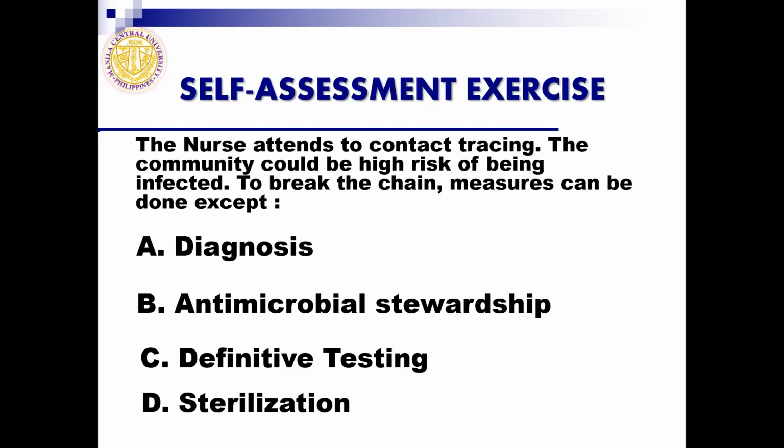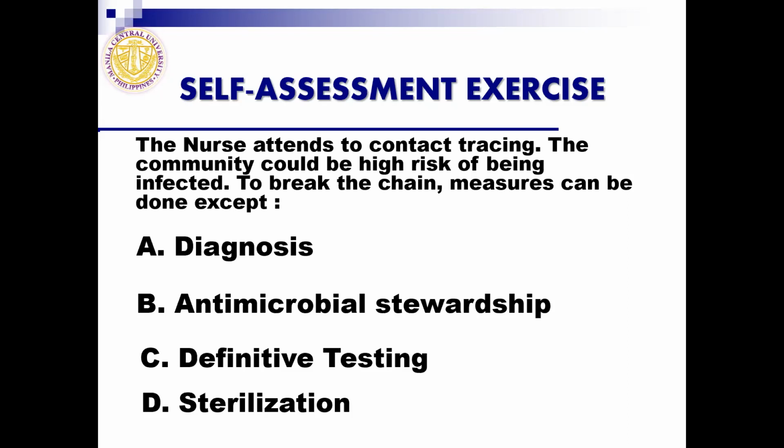Kasi etong question na to is referring to the infectious agent eh. Let us analyze the situation that the community still does not have the identified persons who are infected. So what could be the measure to break the chain of infection and spread of infection? So diagnosis could still be, di ba? B, antimicrobial stewardship.